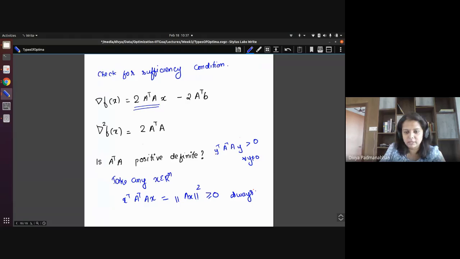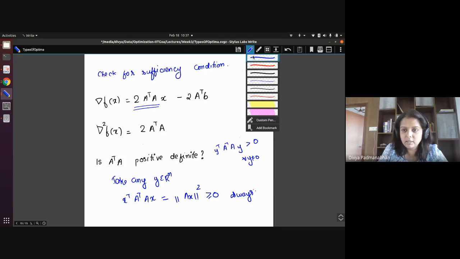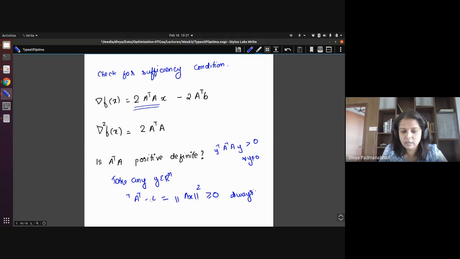Maybe just so that you don't get confused, I'll change the notations here. So take any y. The expression that you have here is just (Ay) transpose (Ay). Recall that this is just the norm of Ay squared, and this quantity is always going to be greater than 0 whenever y is not 0.